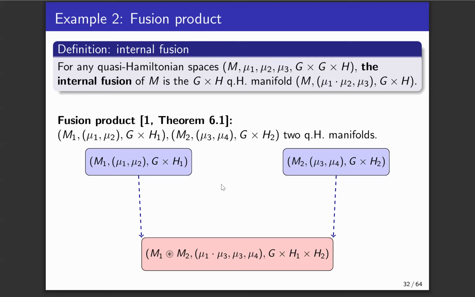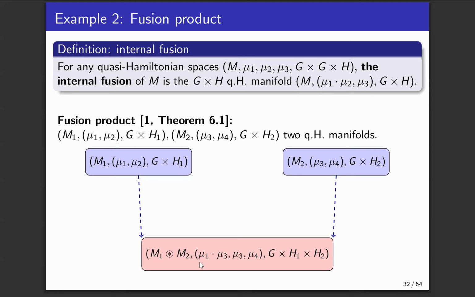In other terms, M1 times M2 is a G times H1 times G times H2 quasi-Hamiltonian manifold. And when we apply the fusion to these two copies of G, we get a G times H1 times H2 quasi-Hamiltonian manifold.